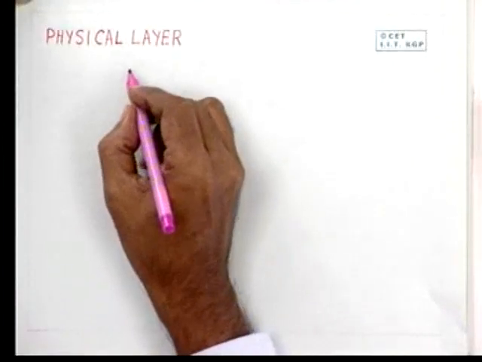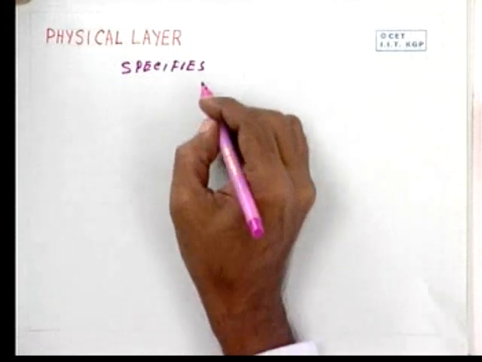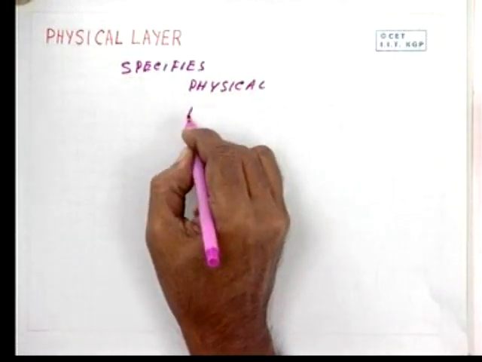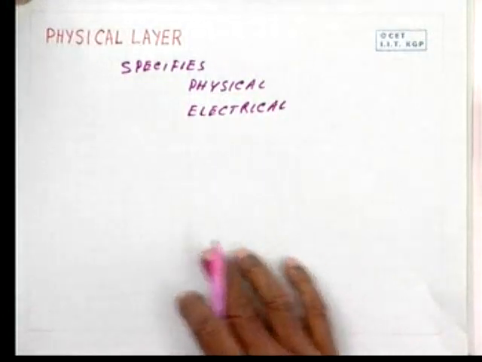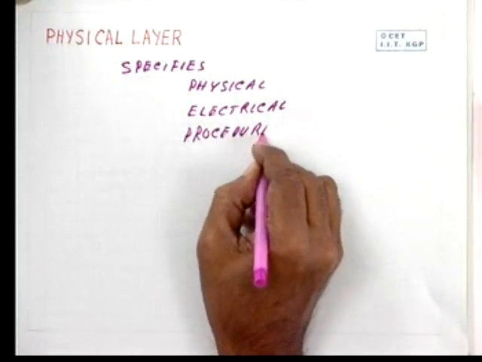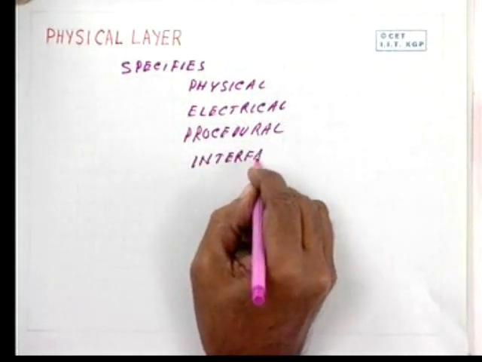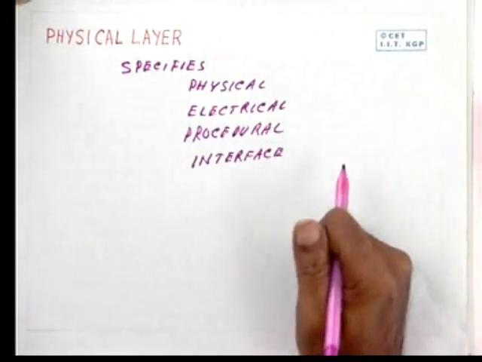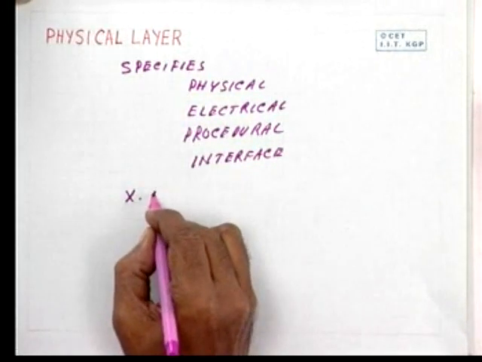The physical layer specifies the physical, electrical, and procedural interface for interfacing to the X.25 network, and the protocol that is being specified is known as X.21.